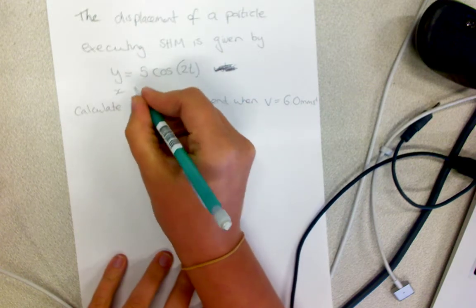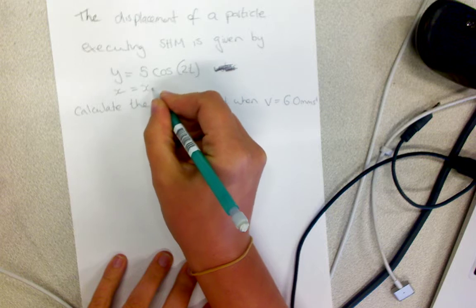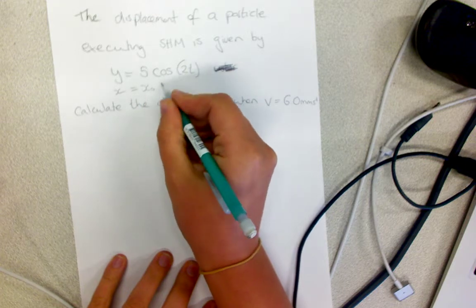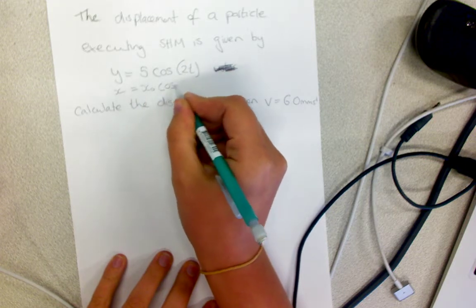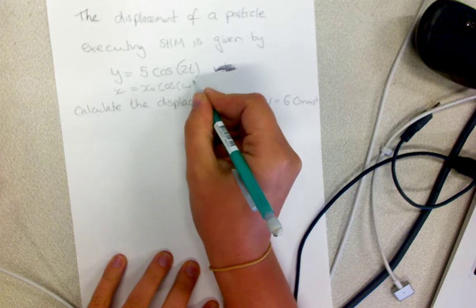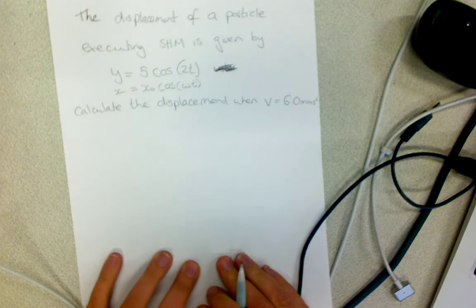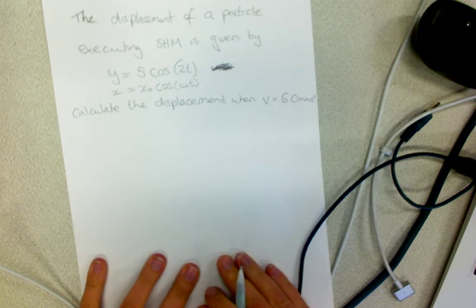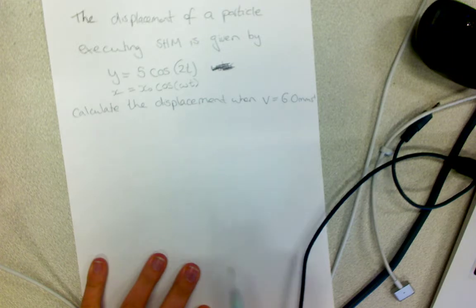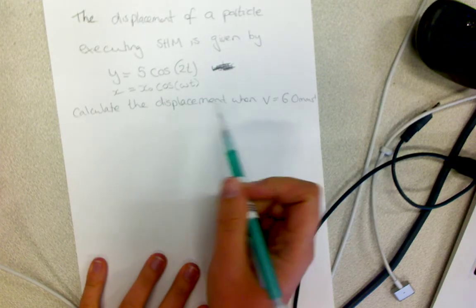So x equals x naught, which is your original position, times cos omega t. Okay, so now we've got that formula. We can look at the formula to try, if we've got velocity, to find the displacement.